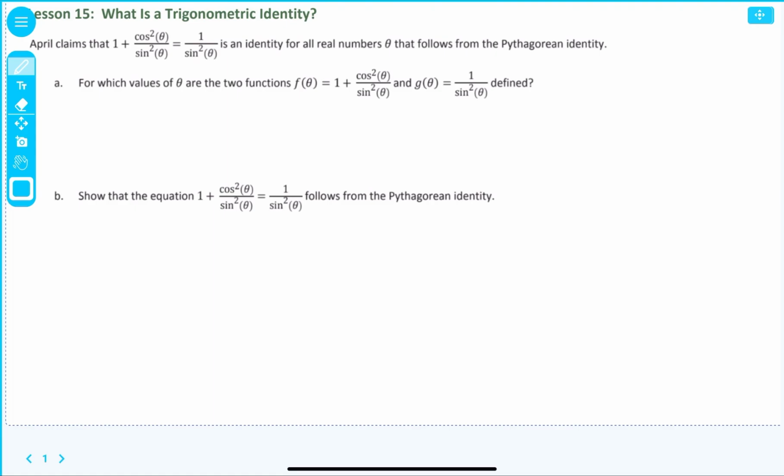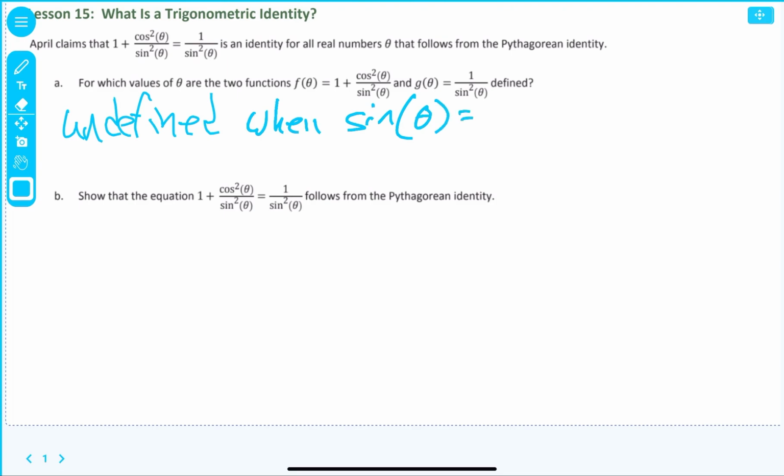So we would say that these are undefined when sine of theta is equal to 0.